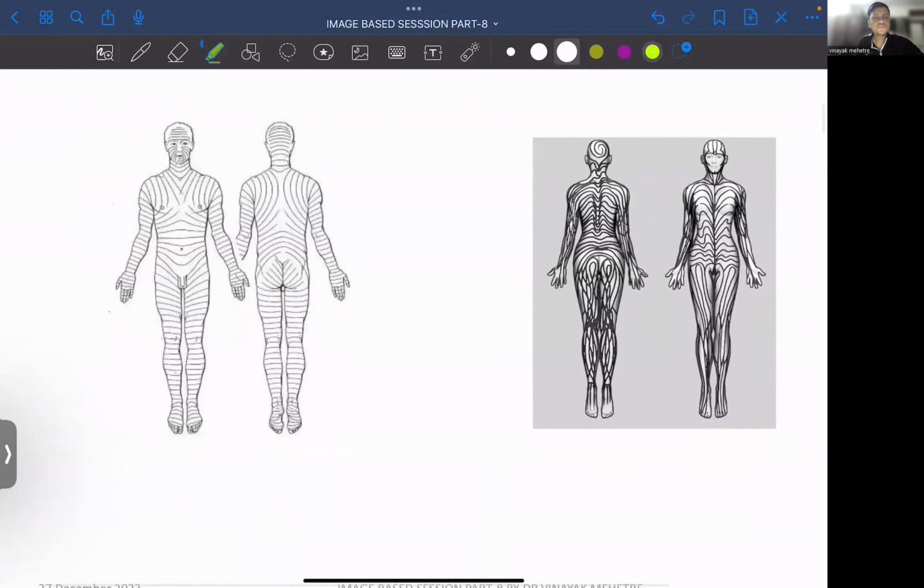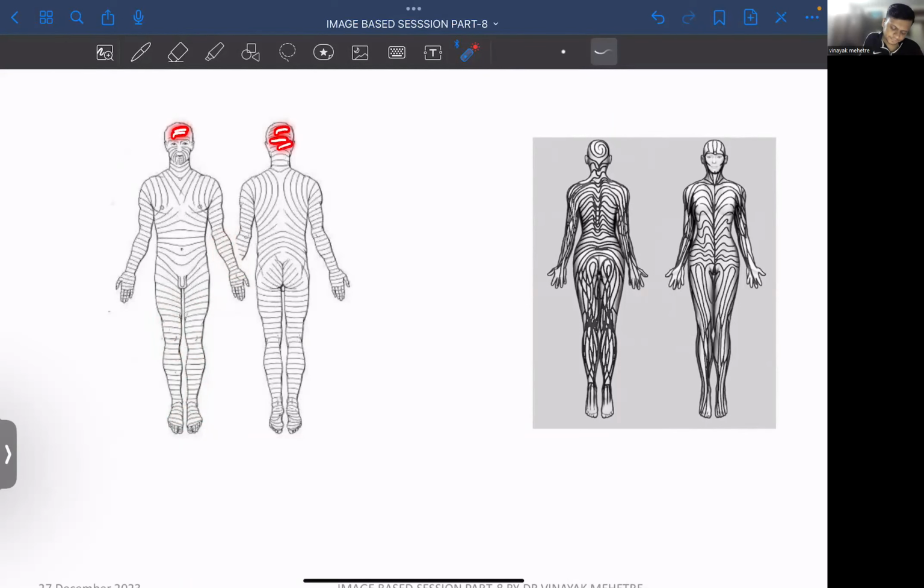First one, take a look. The straight line on forehead, on hand, on legs. कैसा याद रखना है?